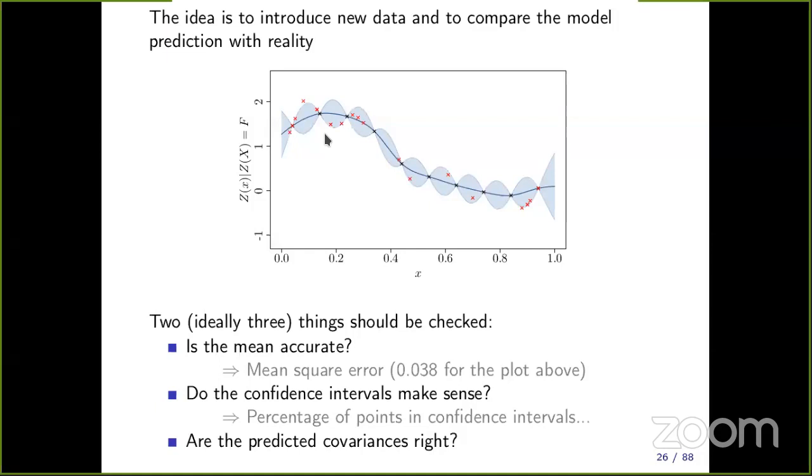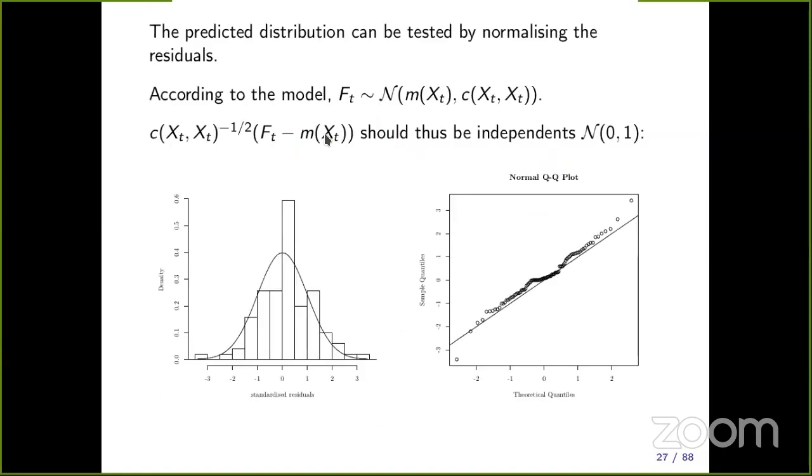Another interesting thing is that the model also predicts the covariance between test points, so that can be checked. According to the model, the observations at the test points are normally distributed, with this mean and this covariance matrix. So if we take our vector of observations, subtract its mean, and multiply by the inverse of the Cholesky factor of the predicted covariance, this results in a vector where all the components should be N(0,1) and independent.